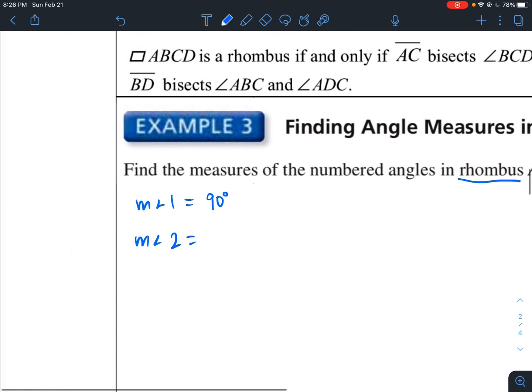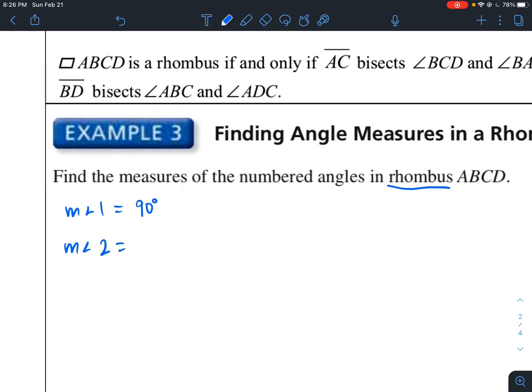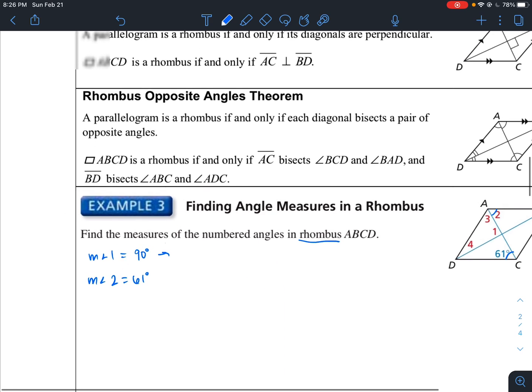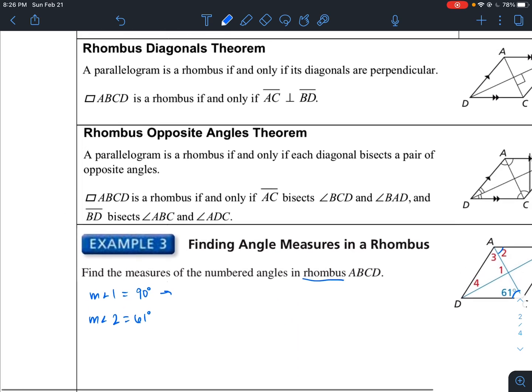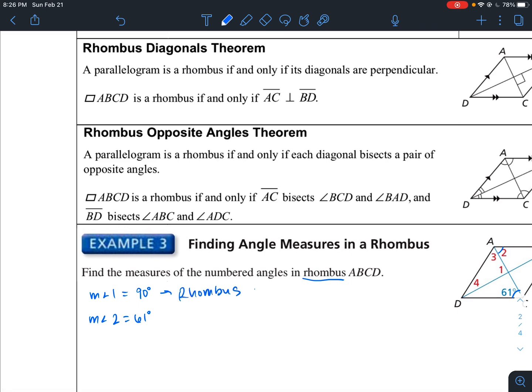So angle 2 has to equal 61 degrees. Let's make sure that we're listing the theorem. So this is because of the rhombus diagonals theorem. This one is from alternate interior angles.